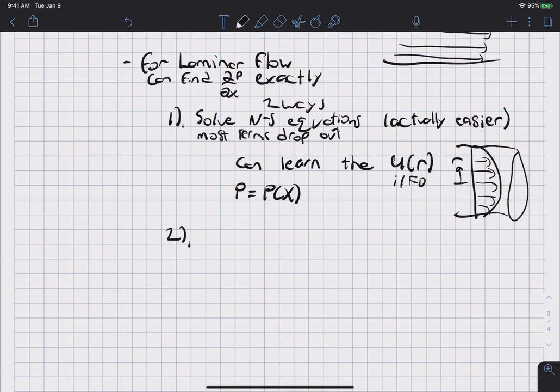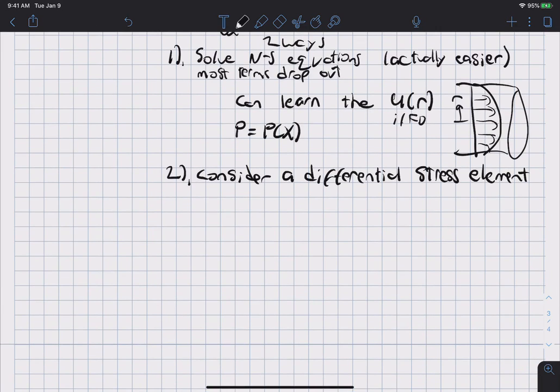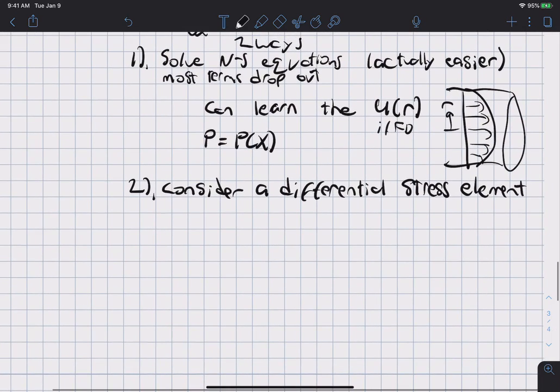And now the second way to compute dp/dx is to just consider a differential stress element. Okay, so here we're just going to consider a circular tube.